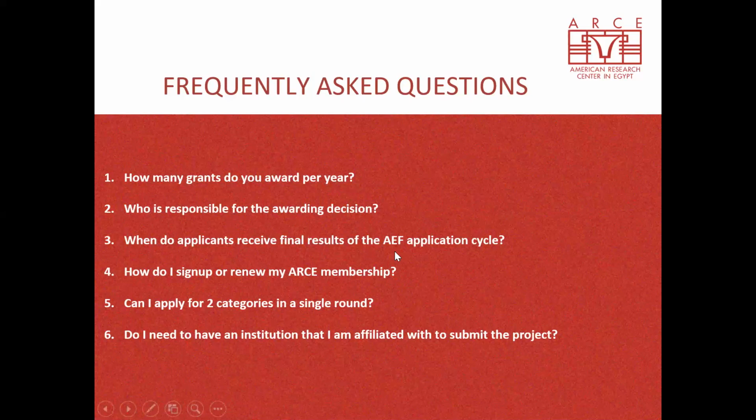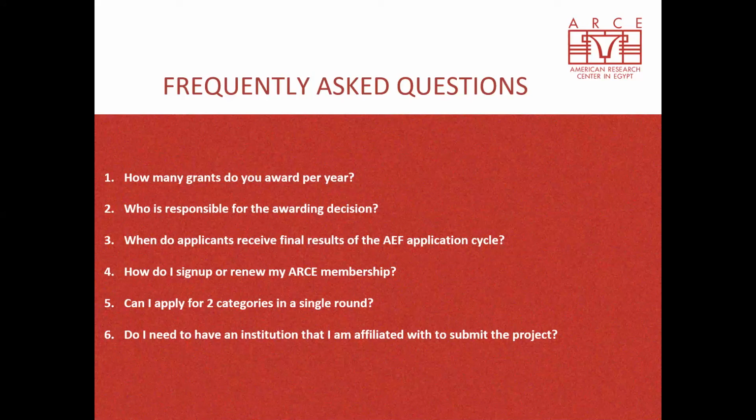When do applicants receive final results of the AEF application cycle? An applicant receives a decision letter on whether or not they will receive AEF funding for their project by the first week of May. And in this case, for this round, it's the first week of May 2021. Now, decision letters aren't sent by email.